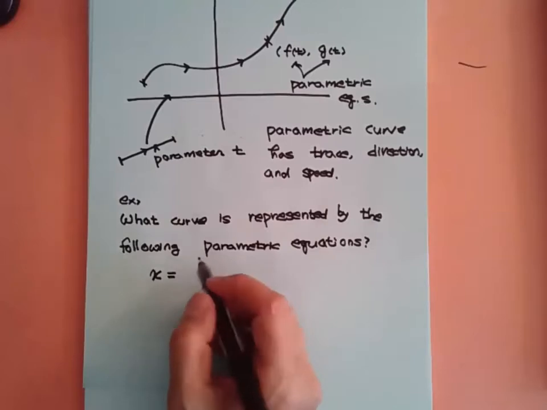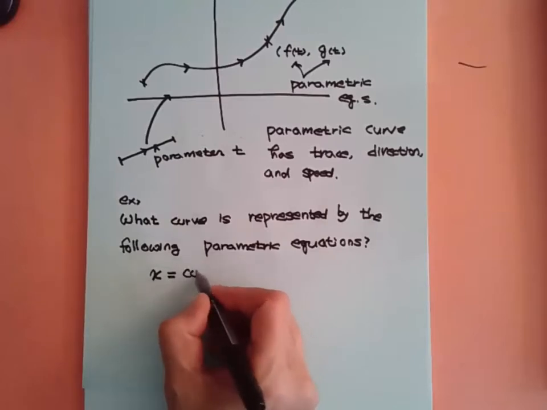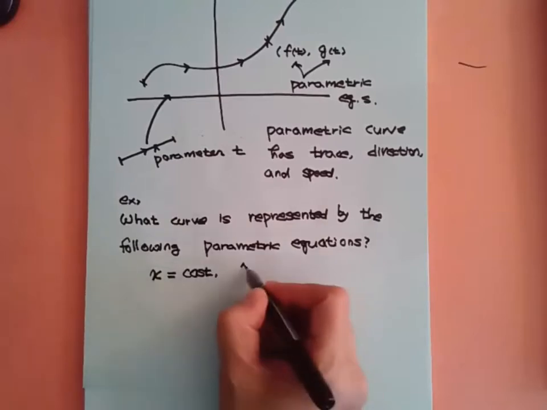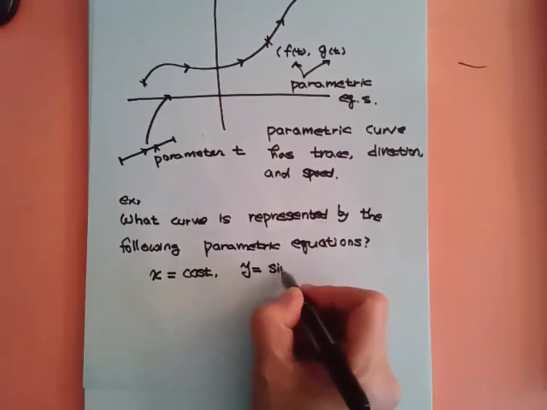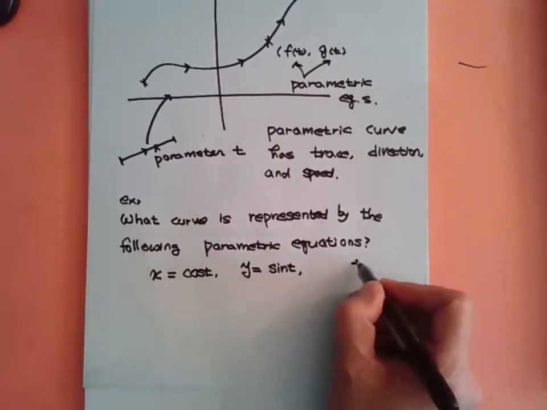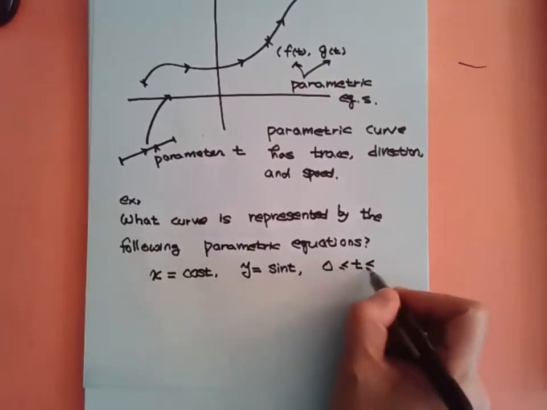The given parametric equations are x equals cosine of t and y equals sine of t. t is between 0 and 2 pi.